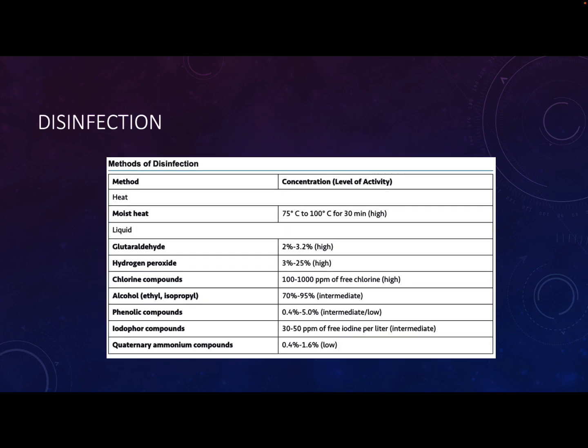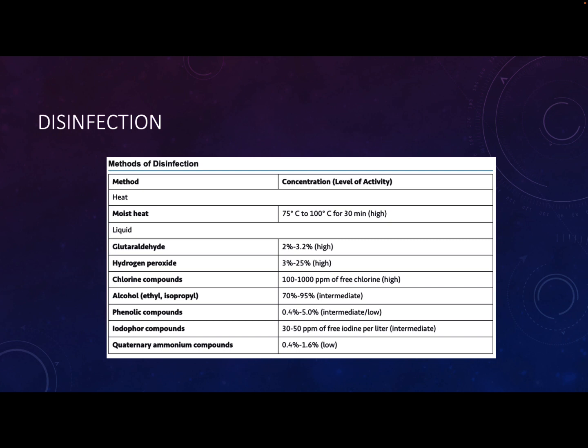Disinfection, again, you can use heat, you can use chemical compounds. Hydrogen peroxide, alcohols, and phenols can be used for disinfection. Remember, sterilization gets rid of everything, everything dies, including spores. Disinfection, hopefully we reduce microbial load. We definitely are not getting rid of spores.